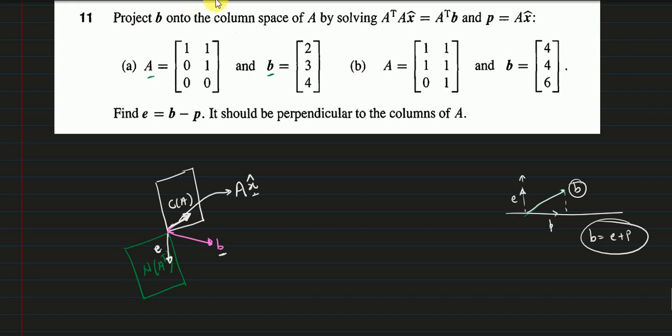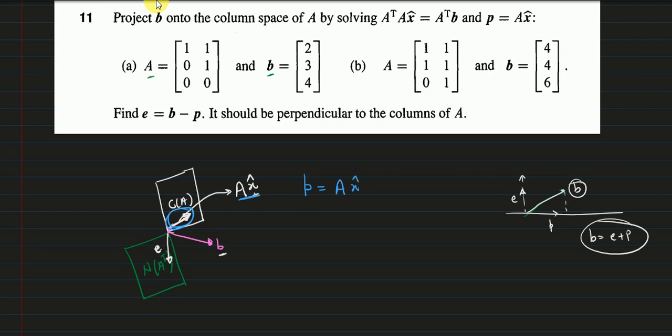Now our first goal is to find this component that is in the column space of A, and it is the projection of B. We can consider this projected vector as a small p, and we can call it p is equal to A x hat.